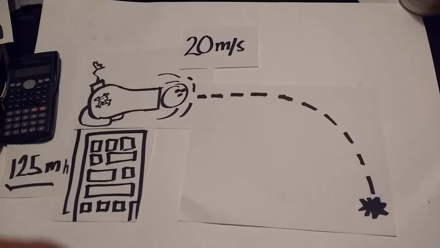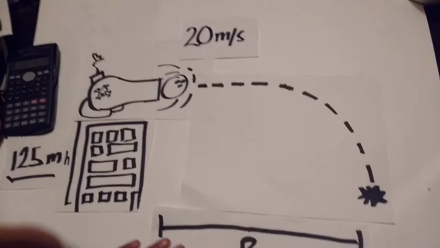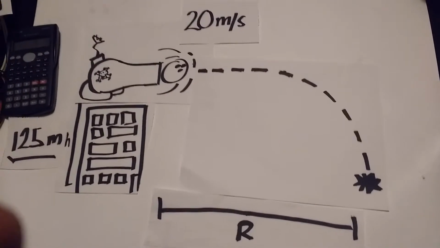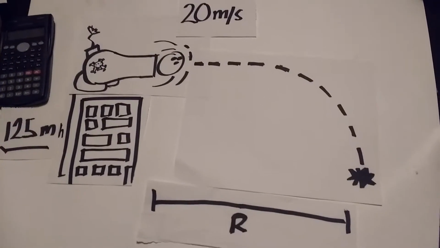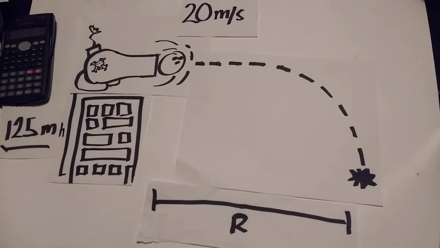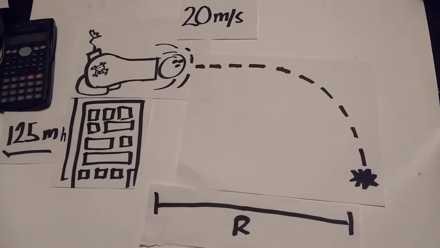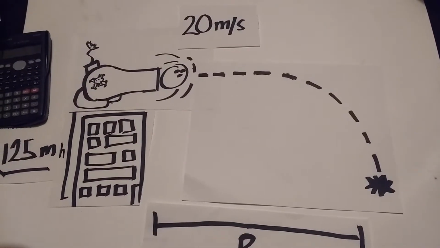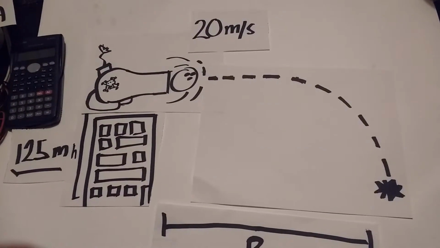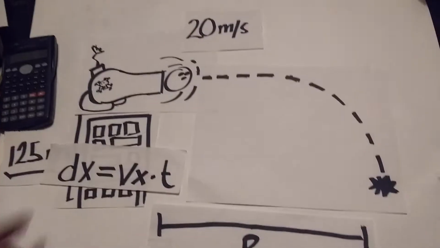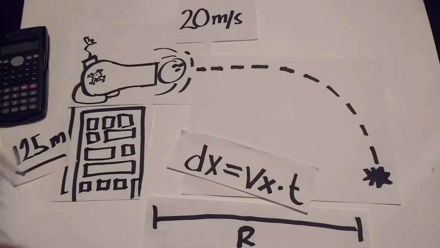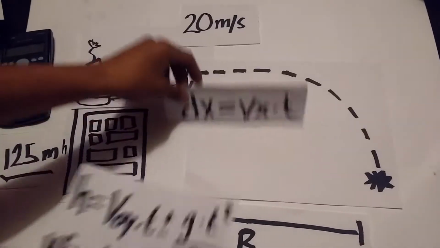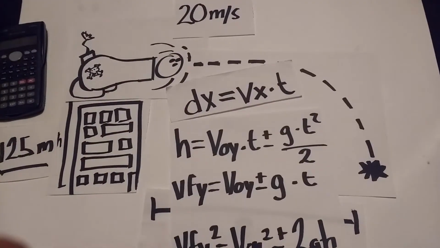The question is to find the distance of the cannonball. So we have to solve it with the formulas, this formula of axis x and this one with the axis y.